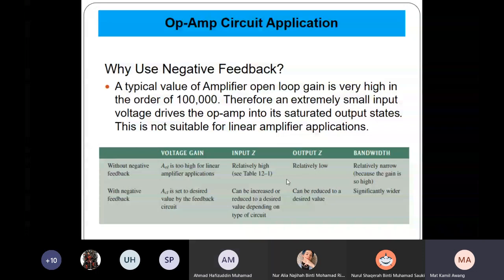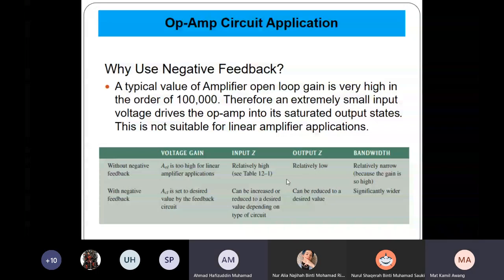So it's very high, and not suitable for linear application because the op-amp goes into a saturated output state. Therefore, we need negative feedback to limit the gain of the amplifier so that it operates in the linear region.